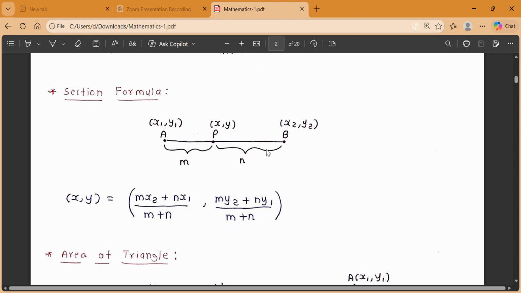That is, (x, y) equals ((m x2 plus n x1) upon (m plus n), (m y2 plus n y1) upon (m plus n)). That is the section formula.